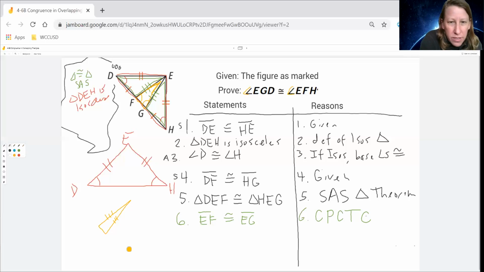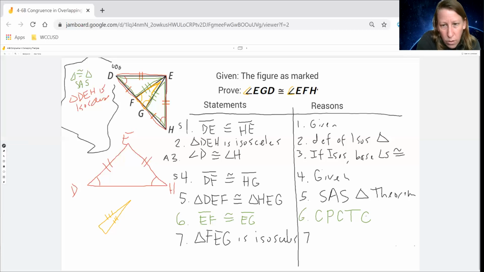All right, almost done here. So we got triangle FEG is isosceles. Okay, why? Definition of isosceles triangle. We showed that two of the sides were the same, so that's the definition of isosceles triangle.